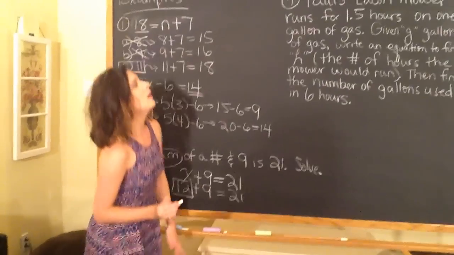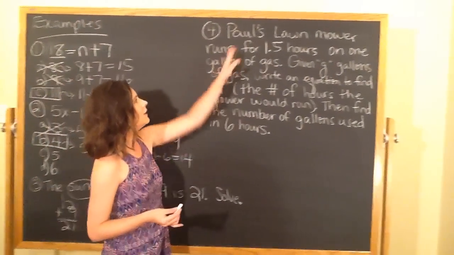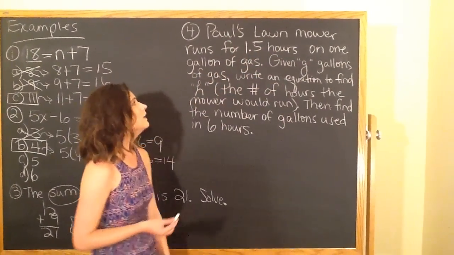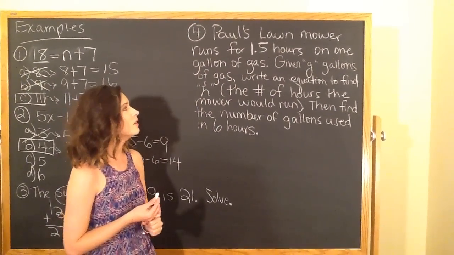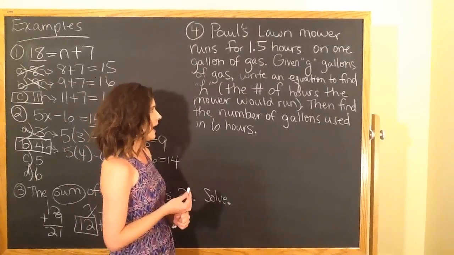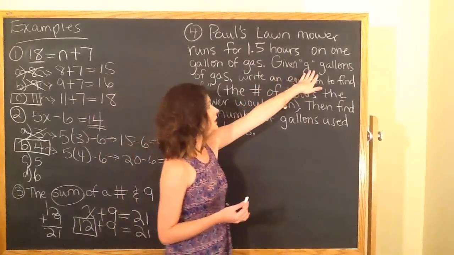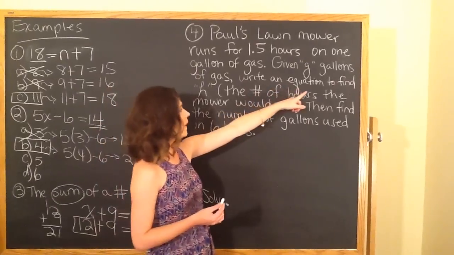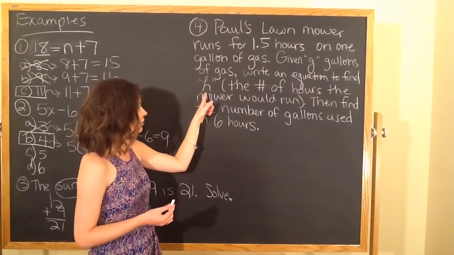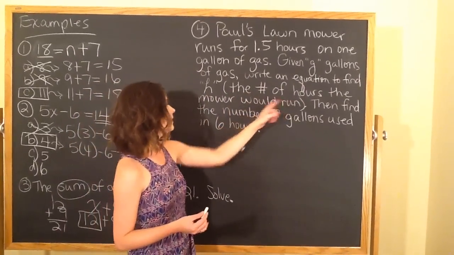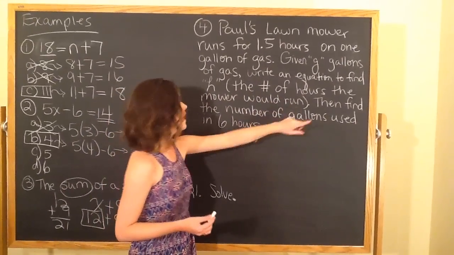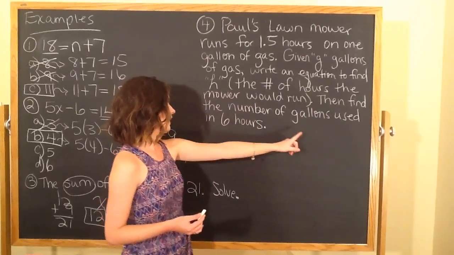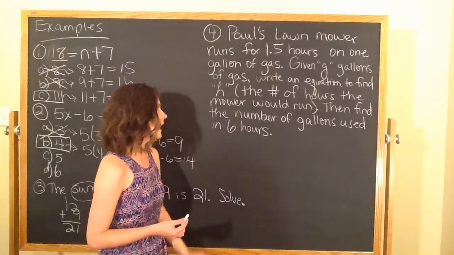All right, the last problem is a word problem. It says, Paul's lawnmower runs for 1.5 hours on 1 gallon of gas. Given G gallons of gas, write an equation to find H, which is the number of hours the mower would run, then find the number of gallons used in 6 hours.